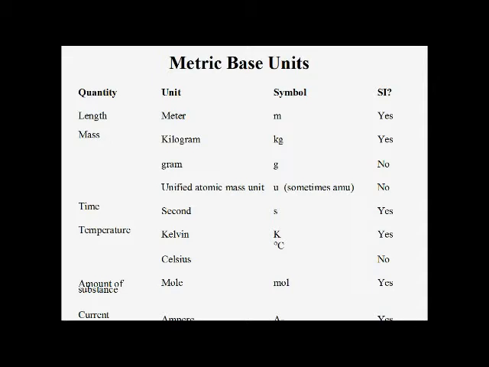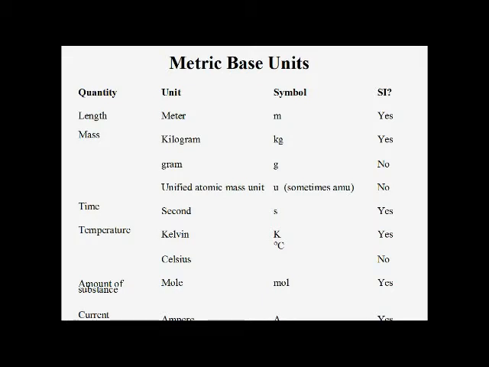Kelvin's unit is K, and it's only Kelvin, not degrees. Both these units have the same size, so if we increase the temperature 5 degrees Celsius, we have increased the temperature 5 Kelvin. The difference is the zeros. Zero for Celsius is the freezing point of water. Zero for Kelvin is the lowest temperature possible anywhere in the universe. Kelvin is the absolute temperature scale, and it is the SI temperature scale.